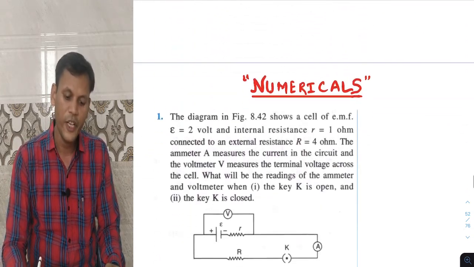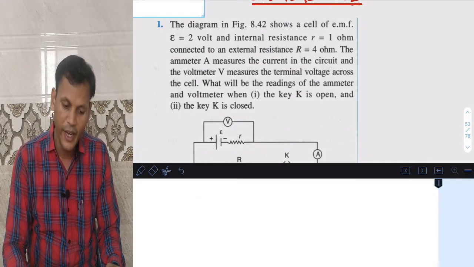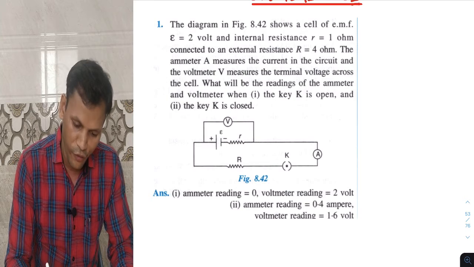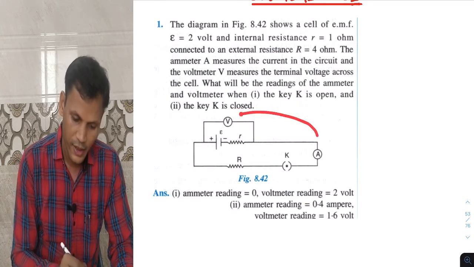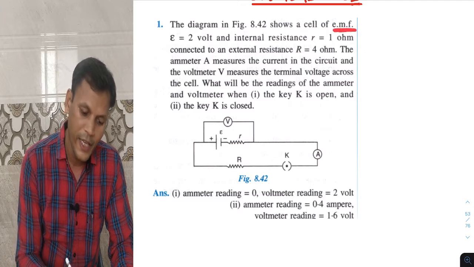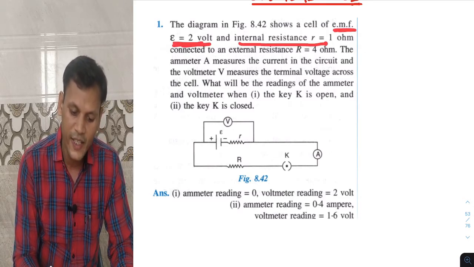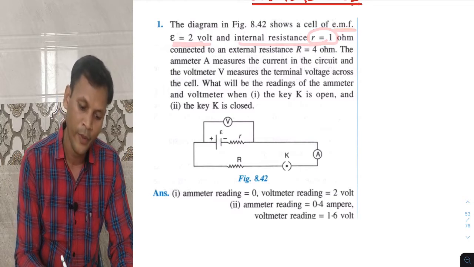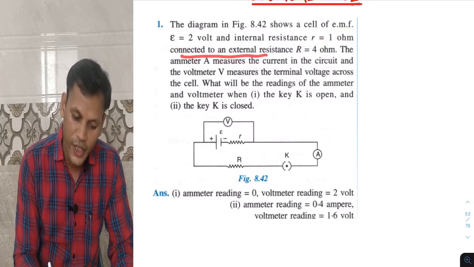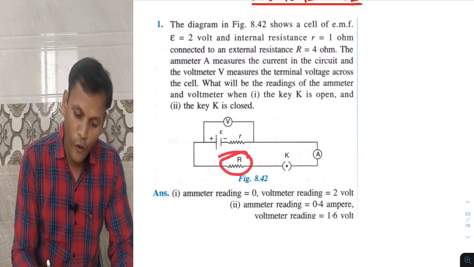Okay, so first sum. The diagram in figure 8.42 shows a cell of EMF 2 volt, an internal resistance small r as 1 ohm, connected to an external resistance capital R, which is here 4 ohm.